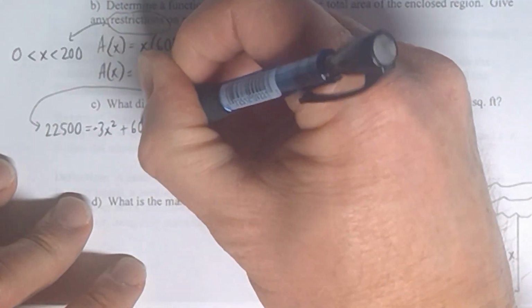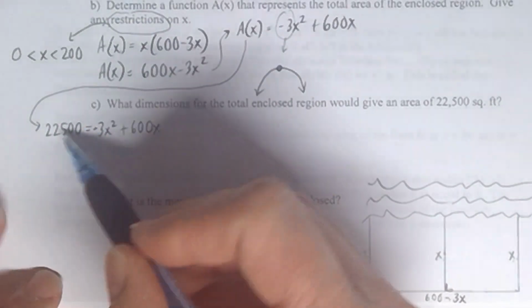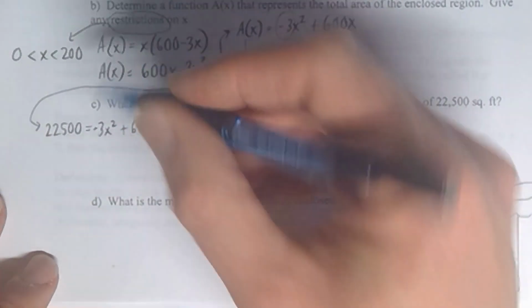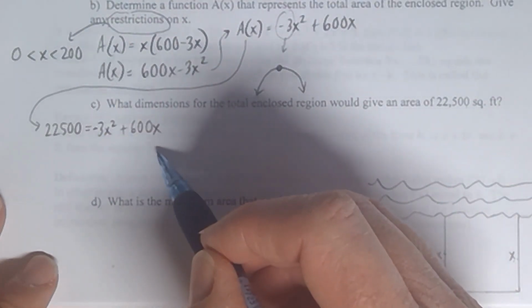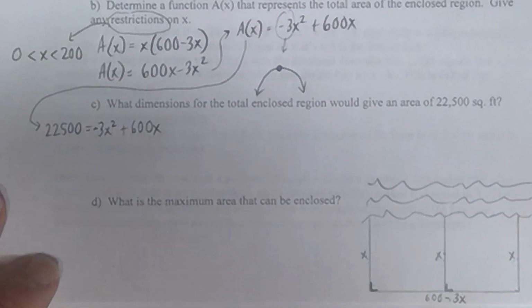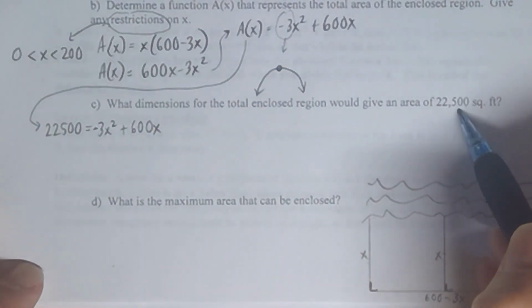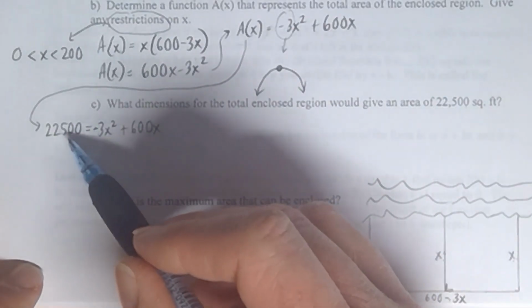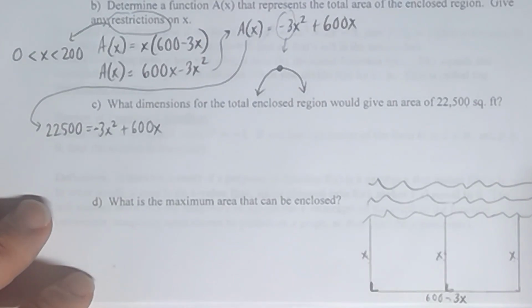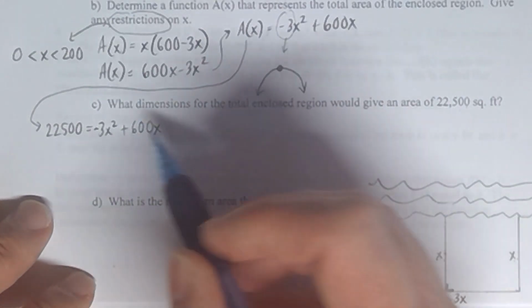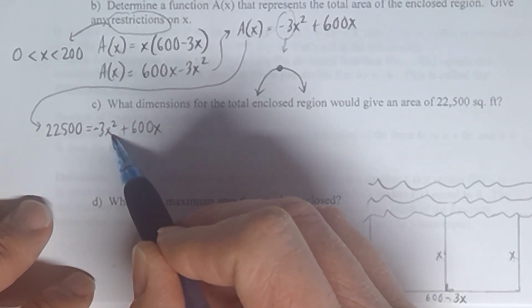We did that many times when we were graphing lines back in Chapter 2, where you plugged a y value in, and then you had to figure out the x value that pairs up with it. This is no different. Since the A is the y value here, and since the area is 22,500, we plug that into the A, and then we figure out what x value is going to pair up with that. This looks very similar to the previous problem where you've got a quadratic equation because of the x squared.